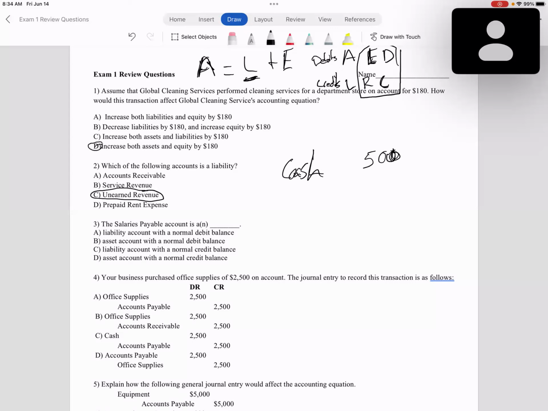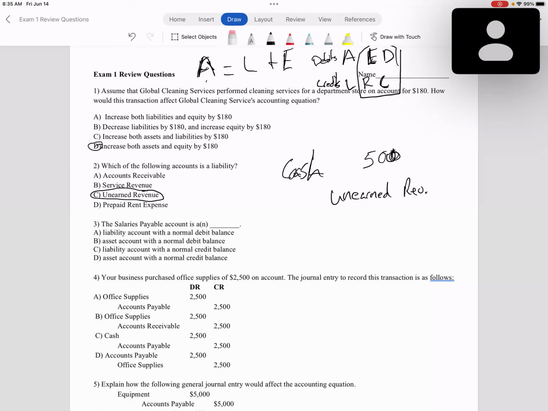Well, you've received cash, but have you done any work? You haven't yet, right? You'll start to mow the lawns during the summer. And so the credit is going to be to unearned revenue, and that is a liability account. So do you see how your cash would be going up and your liabilities would also be going up?